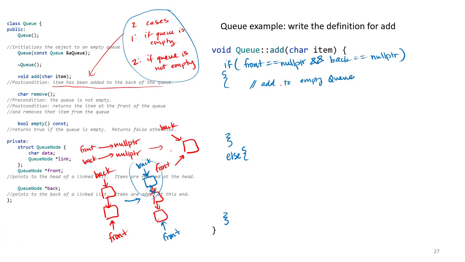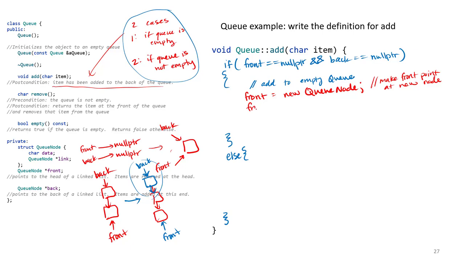So if we need to add to an empty queue, then all we need to do is create a new node where our front and back pointers point. So we can go ahead and make our front pointer point at a new node. And then all that's left is to update so that all the data is stored in the correct place.